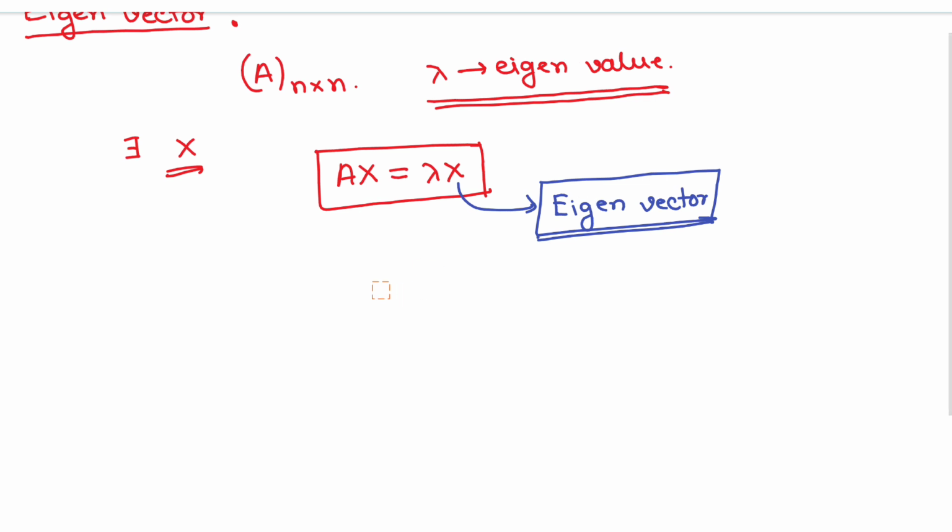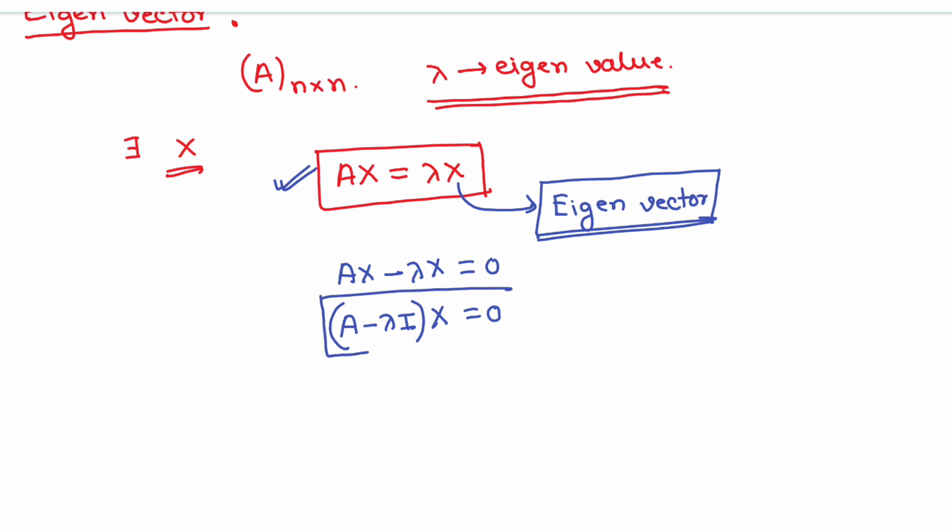If I simplify this equation, we can write AX minus lambda X equals 0. Here X may be a non-zero or zero vector, so we can write A minus lambda I into X equals 0. Clear? In this equation, this vector X is our eigenvector.